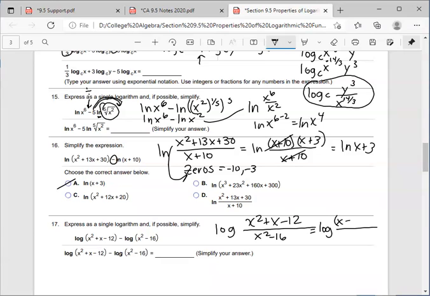I'm saying what multiplies to -12 and adds to 4. So x plus 4, x minus 3, and on the bottom, that's the difference of squares. So it'd be x minus 4, x plus 4. These will cancel. So my final answer is log of x minus 3 over x minus 4.